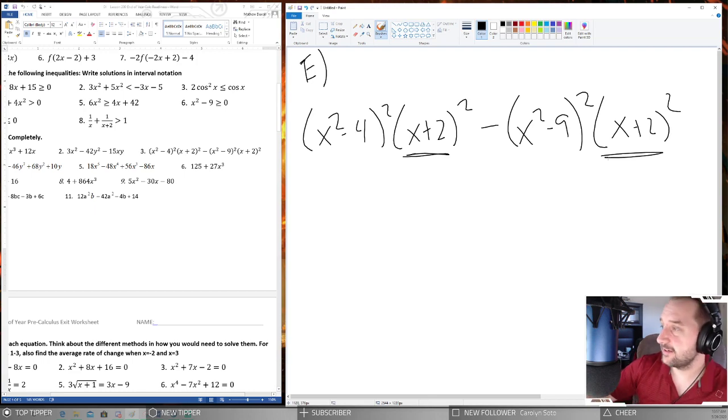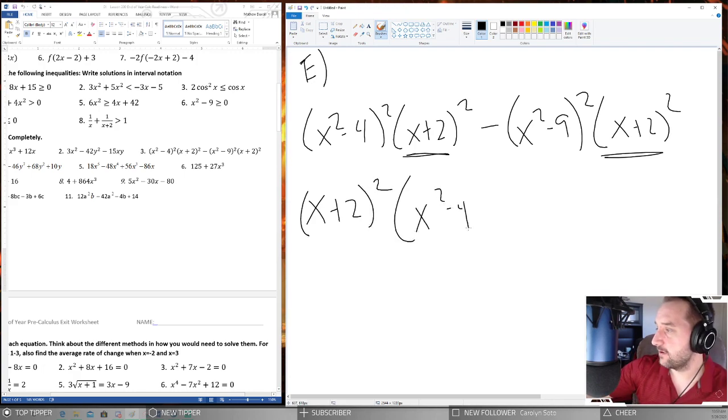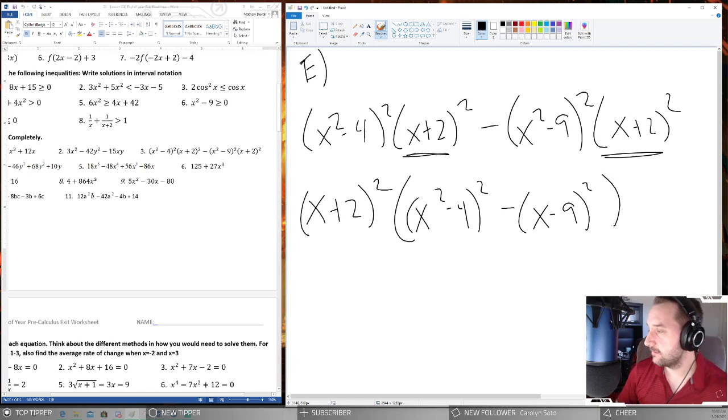So if I factor that out, I'm going to get x plus 2 squared times, and then I'm going to get x minus 4 squared minus x minus 9 squared. I don't see anything else that could factor. And factoring just means to write as multiplication. So, boop.